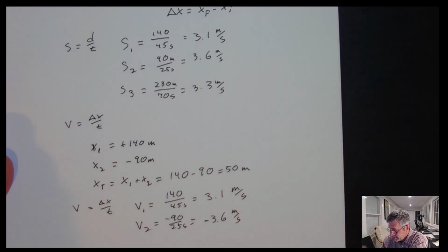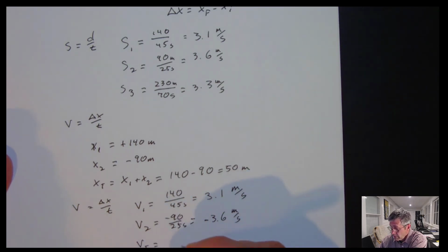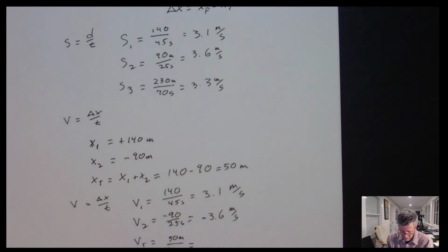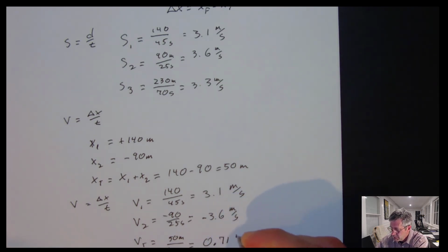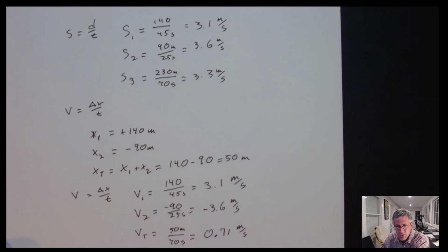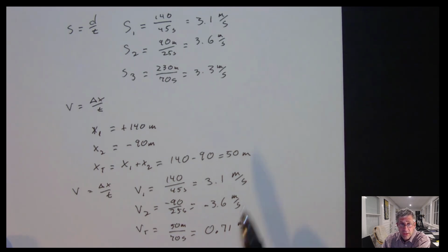And my total velocity is going to be much less, right? So my total velocity is going to be 50 meters divided by total time, which is 70 seconds. It's going to be less than 1, right? So I'm going to have 50 divided by 70, 0.71 meters per second. So even though you're going fast, right, it's moving at 3.6, 3.3 average, the velocity, final minus initial, is going to be pretty small.